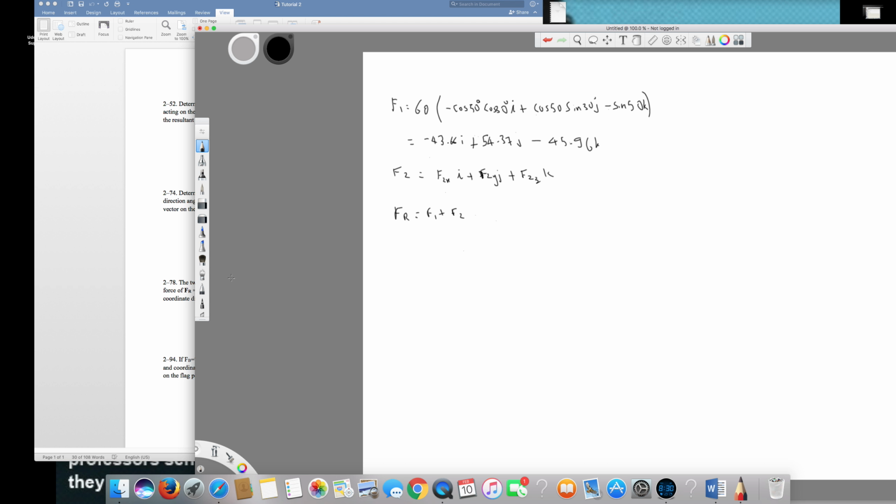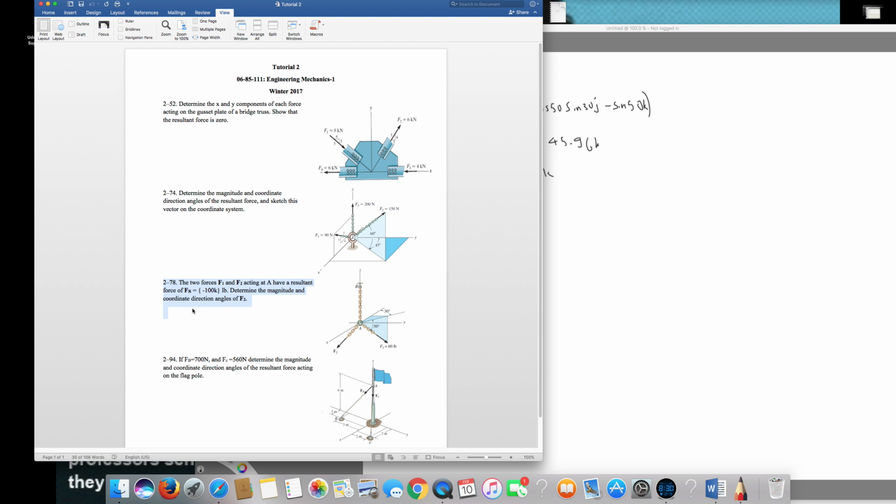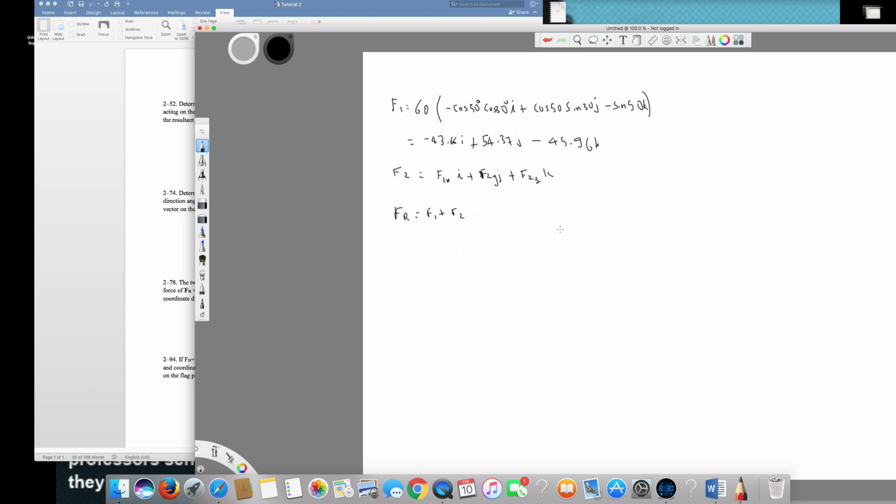and the resultant force is already given, it's minus 100k lb. So minus 100k lb, I have to put it right here, and I'm going to add the I, j, k components together. For the I value, I can simply add it together.